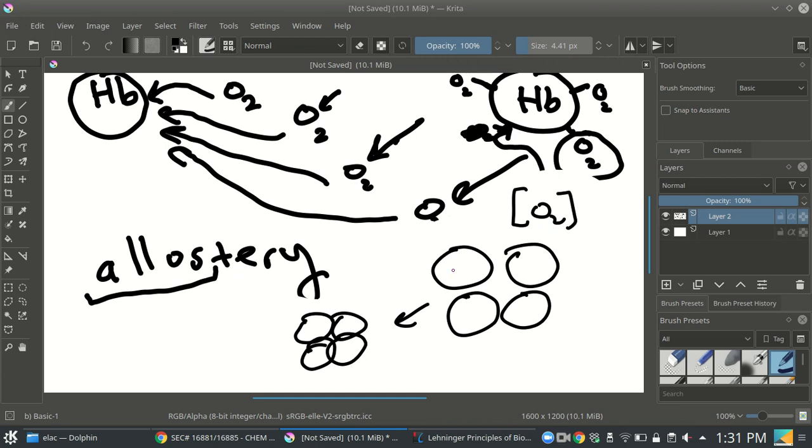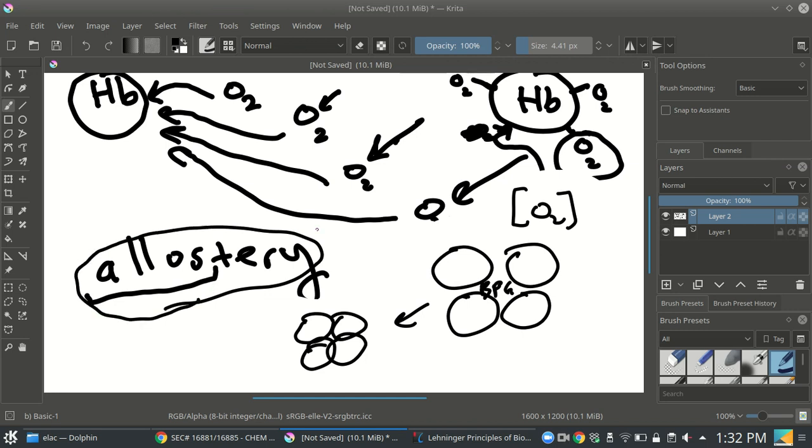But in this case, it's not just the concentration of oxygen. If you do something else to hemoglobin, such as add BPG or DPG, you could still change the way the oxygen binds to hemoglobin. So that means this quaternary structure change does count as allostery, right?